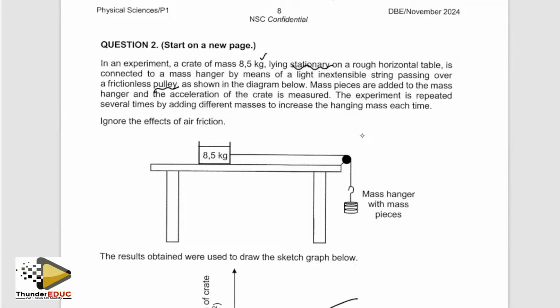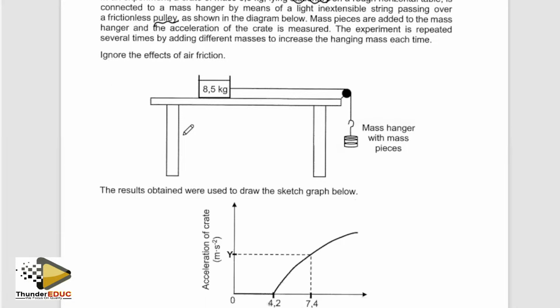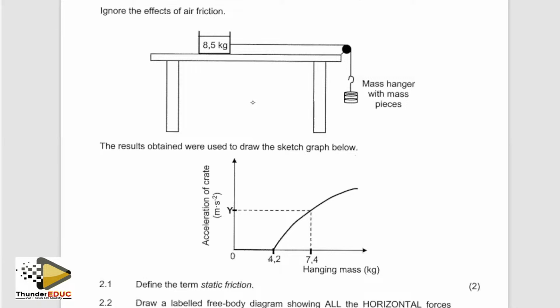Mass pieces will be added bit by bit until the crate starts to move. The experiment will be repeated with different masses. We're ignoring air friction. So we have this, and then we have this graph, which means we're going to have to use both of them simultaneously.